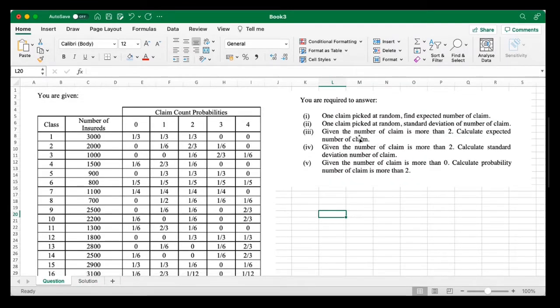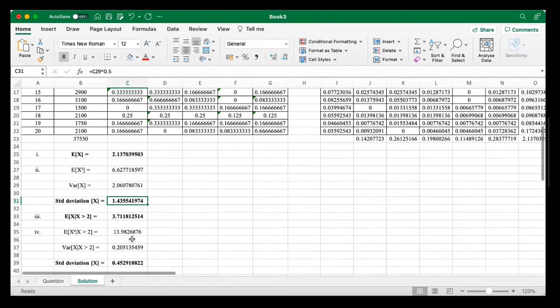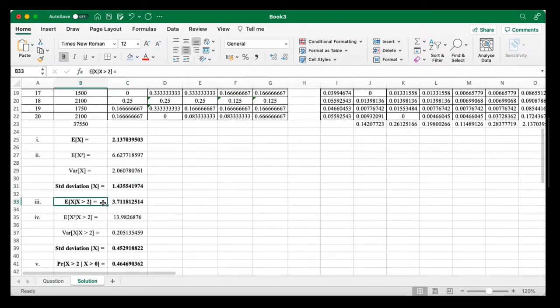we have, given the number of claims is more than 2, calculate the expected number of claims. In this question, there is a condition where the number of claims must be greater than 2. So the notation is written this way: E[X given X greater than 2]. And the formula for this is E[X; X greater than 2] divided by the probability of claim count greater than 2.